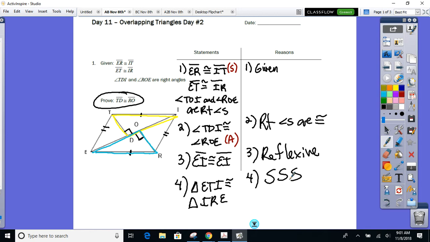Can you find angles or sides that are in both these triangles right here and the ones we needed at the beginning of the proof? Find a pair of angles or sides that are in both. And it has to be full sides and full angles. Don't give me partial sides. Full sides or full angles that are in both pairs of triangles.